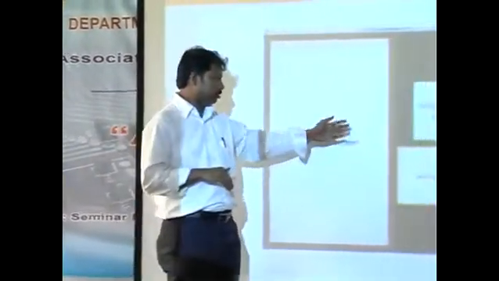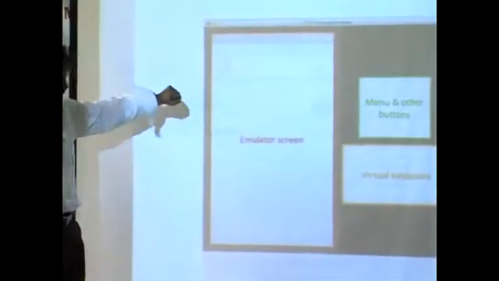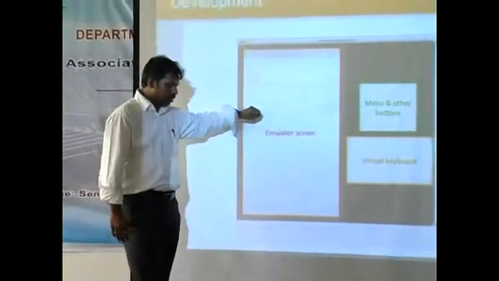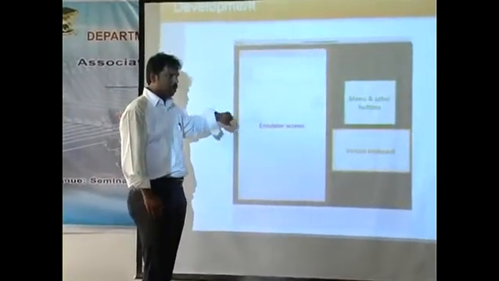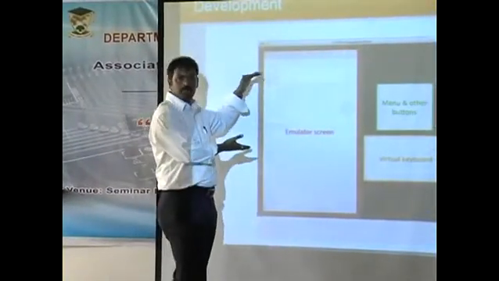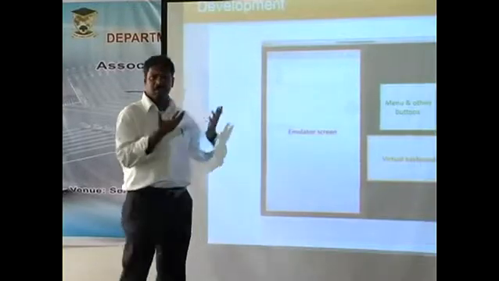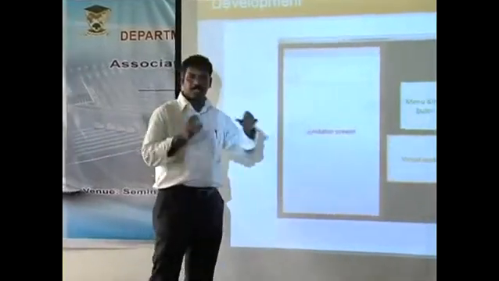So this is what I was just saying. It will offer you the choice also, whether you are building for Sony, whether you are building for Samsung. Okay, and that particular device also you can choose.